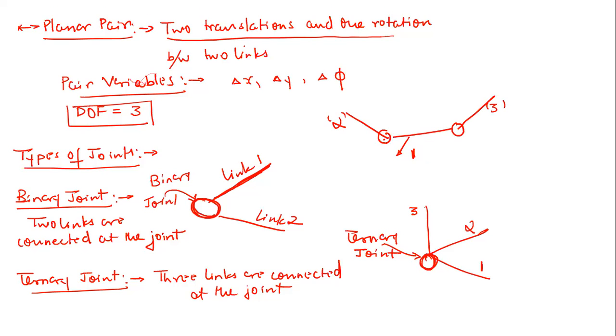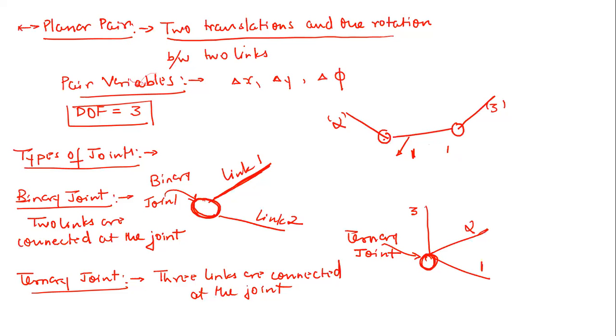So never get confused between a binary link and a binary joint. If I ask you how many connections will be there in a binary link, you will say 2 connections, or 2 joints in a binary link. But if I ask you how many joints will be present in a binary joint, you have to say only one joint will be present there. So don't get confused between binary link and binary joint.